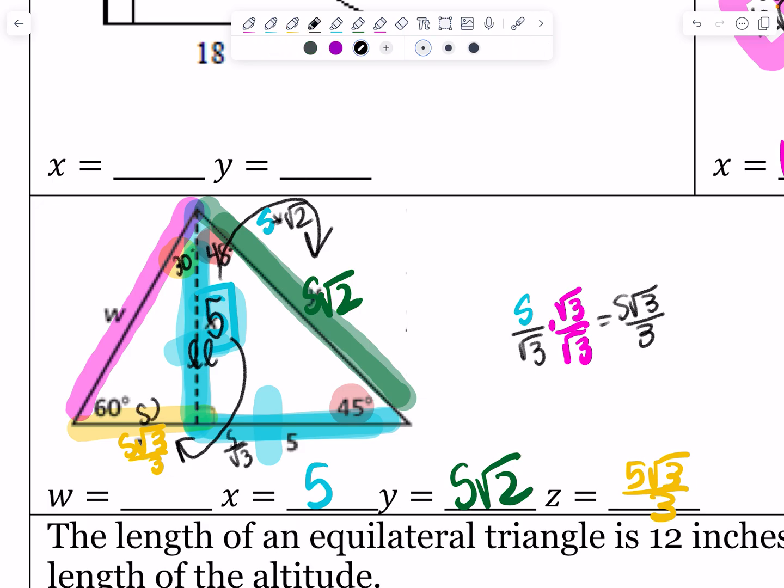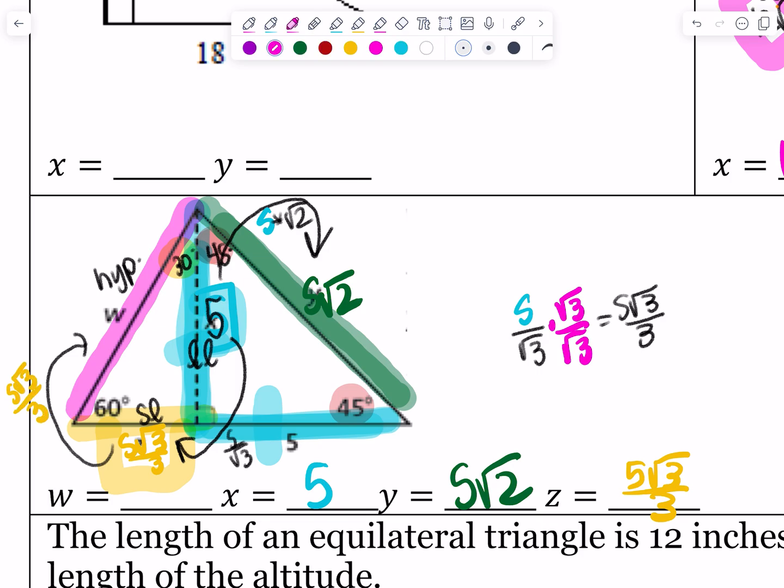So my short leg looks crazy, but it's that full expression, 5 root 3 over 3. How do I go from that expression to the hypotenuse? We're getting bigger, so we're going to multiply by 2. So I'm going to take that yellow thing, 5 root 3 over 3, and multiply that by 2, which is the same thing as 2 over 1, if you want to write it that way, since those are both fractions now.